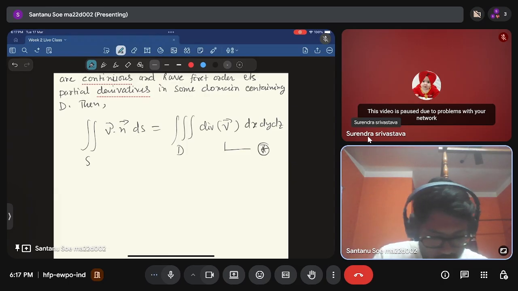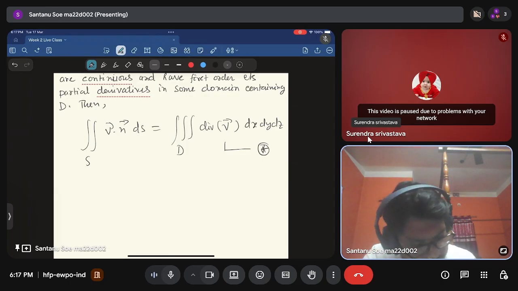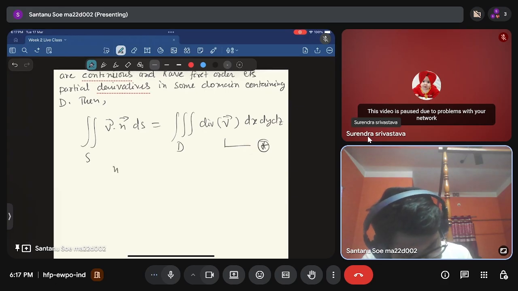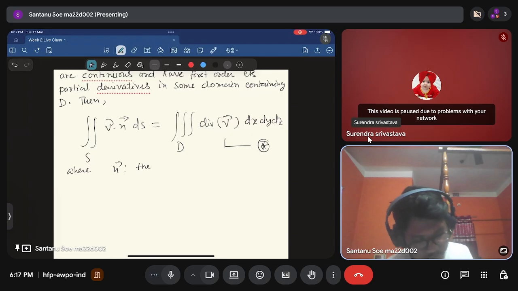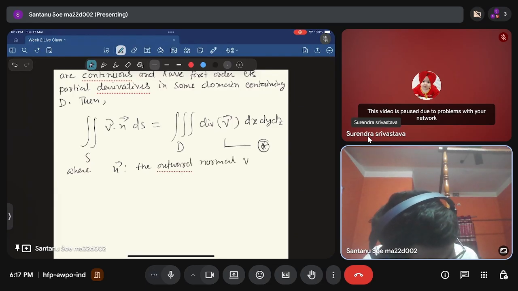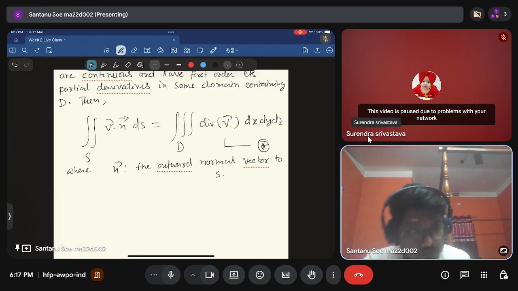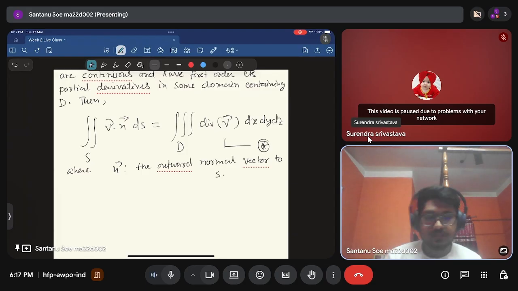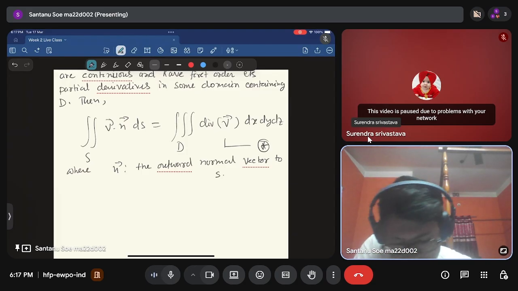That's all. Here n cap is the outward unit normal vector to S.